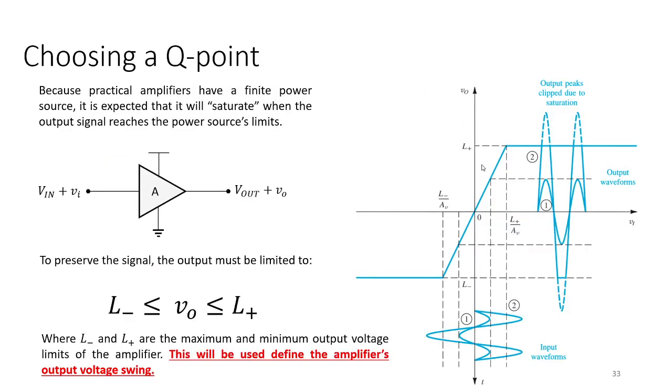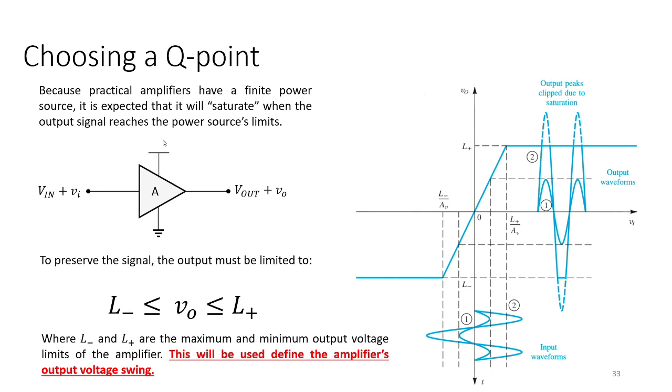Next part, let's look further into the input and output swing. Where does this come from? Because real amplifiers have a finite power source, it is expected that the amplifier will saturate when the output signal reaches the power source's limits.